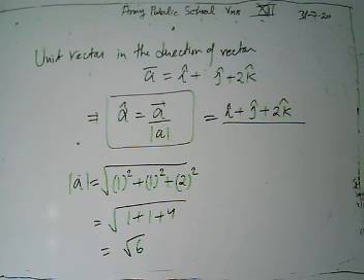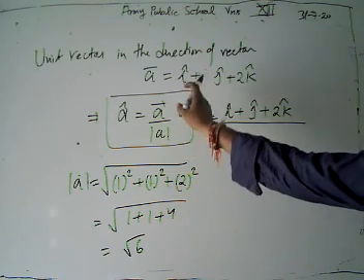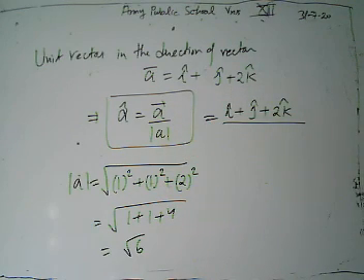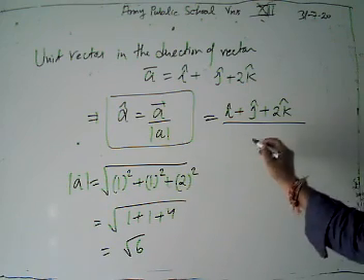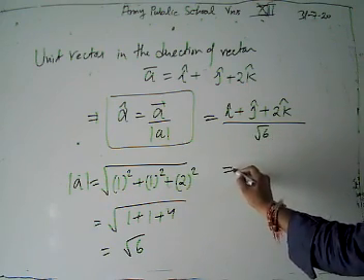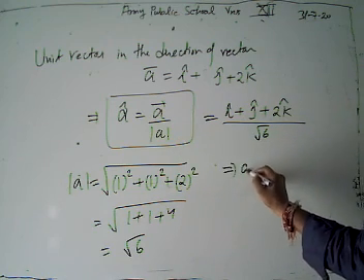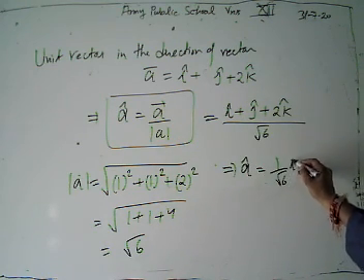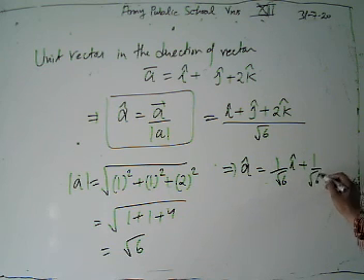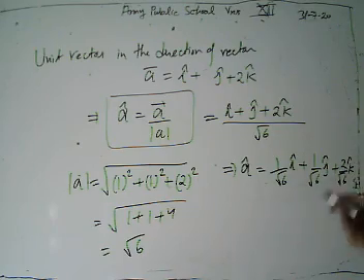Now we find the unit vector: 1 plus 1 plus 4 is root 6, so we divide by root 6. Then our a cap is given by 1 by root 6 I cap plus 1 by root 6 j cap plus 2 by root 6 k cap.